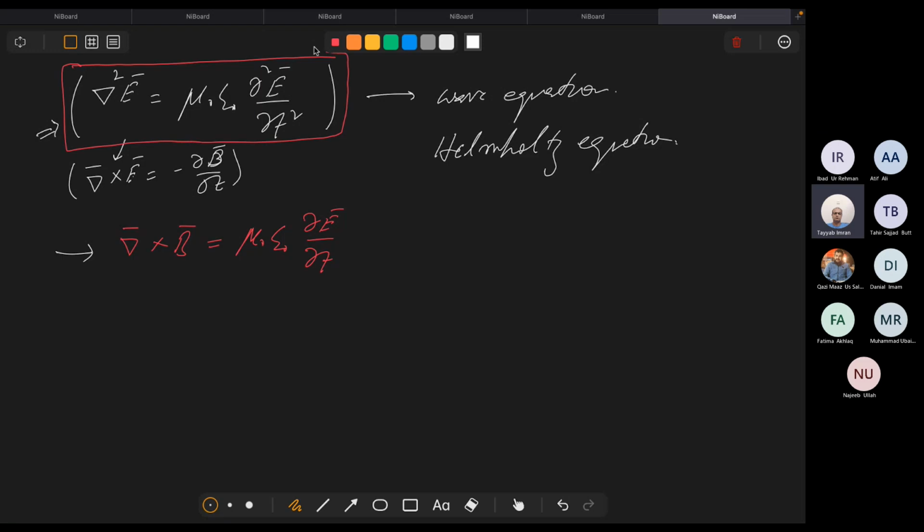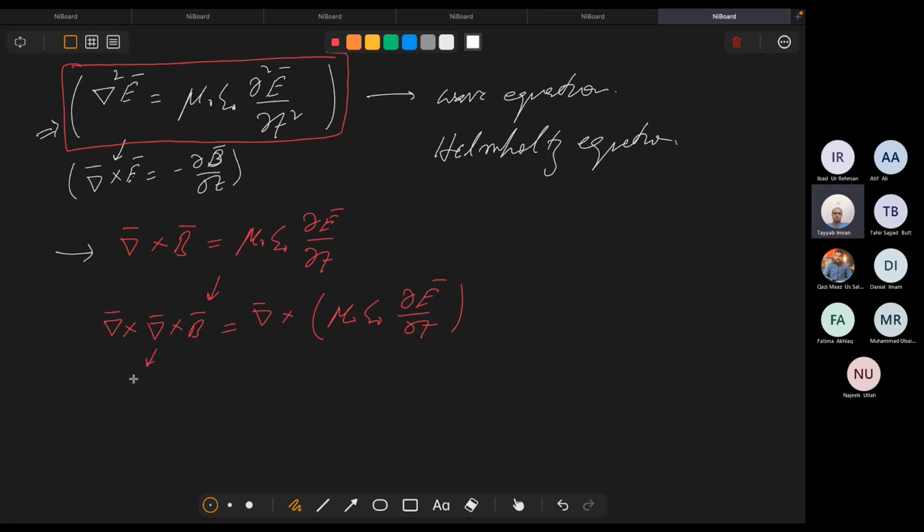Now we want to have the equation for the magnetic field. Similarly, we take the cross product del, both sides. So it will be like so.